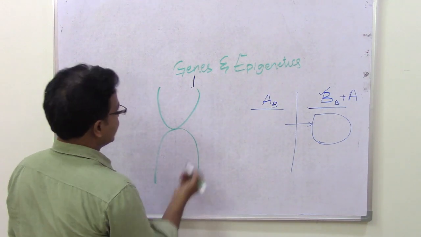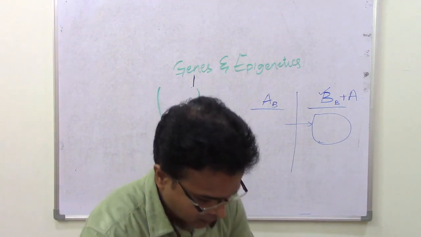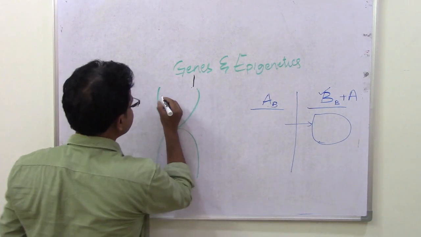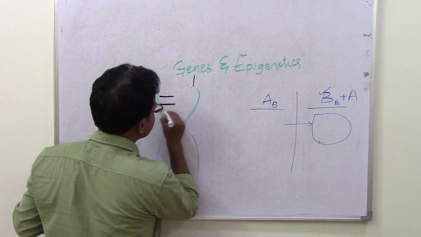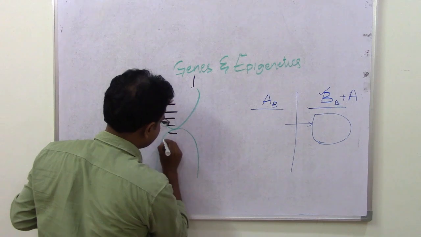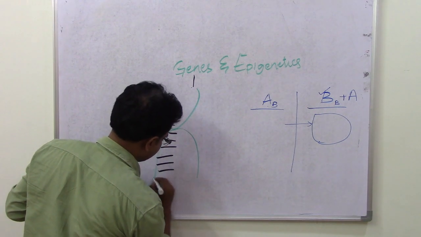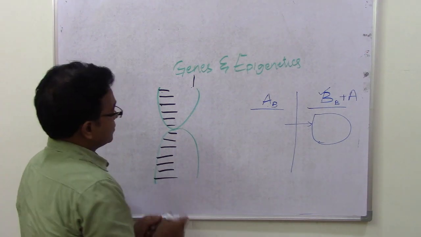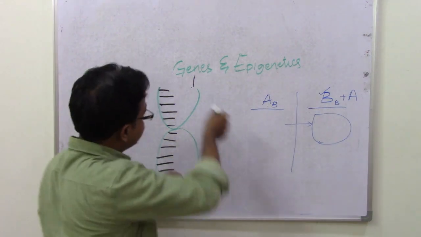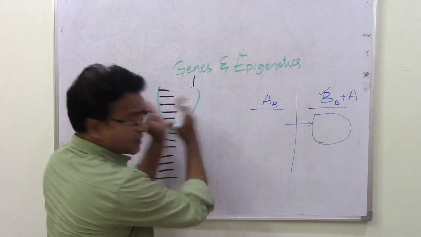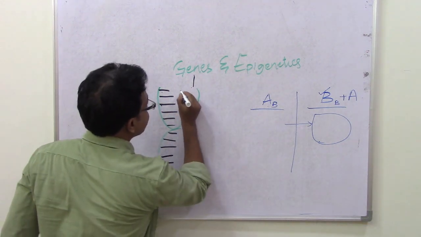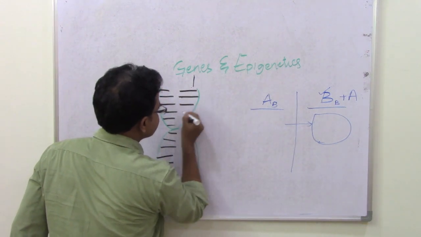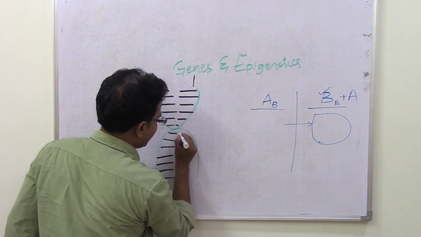Let's say this is a double helix. If you look at these base pairs, it is just like a zip: if you unzip it, both sides are identical mirror images, exactly the opposite of each other.